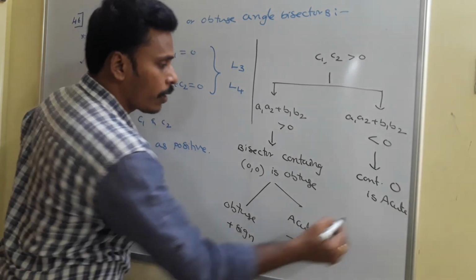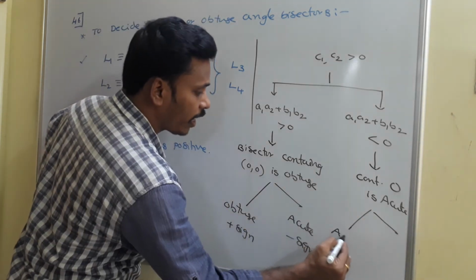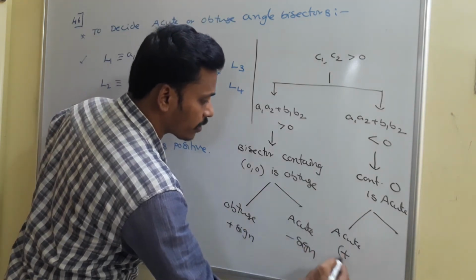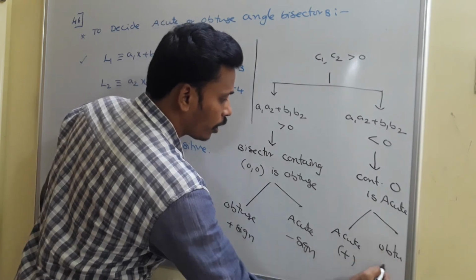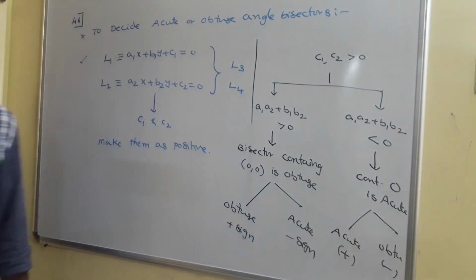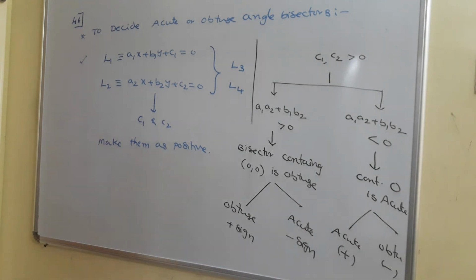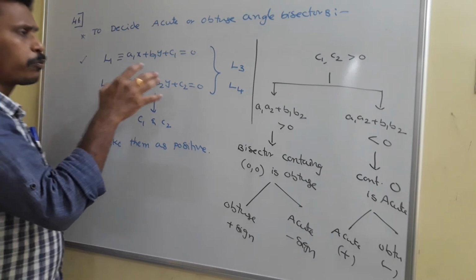Whereas in the other case, for acute you need to use the plus sign, and for obtuse the minus sign. That's the total picture. This is how to decide an acute or obtuse angle bisector.